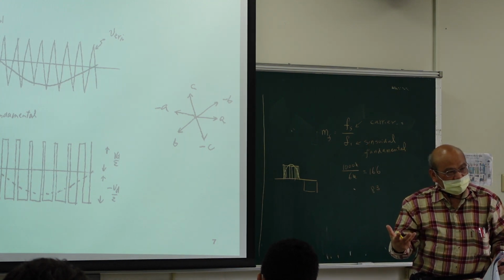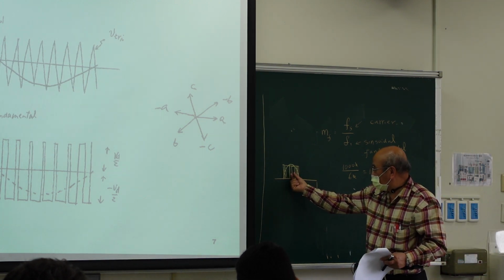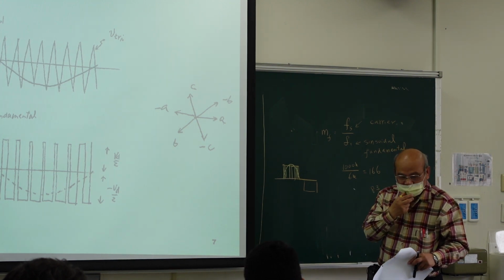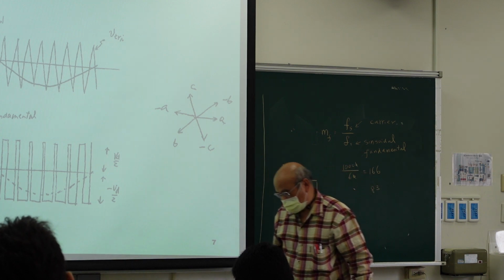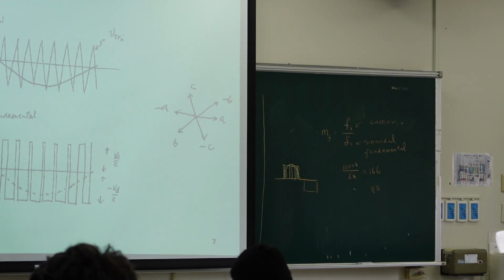Which one is better? PWM, right? Because you can see the resolution improved. They switch a lot. If I walk 1, 2, 3, 4, then I cannot reach this point. But if I walk this way, then I can reach any point.